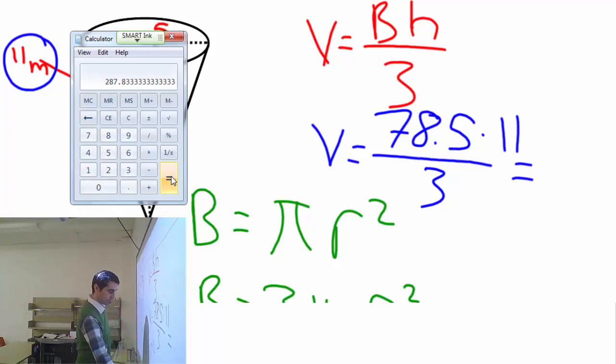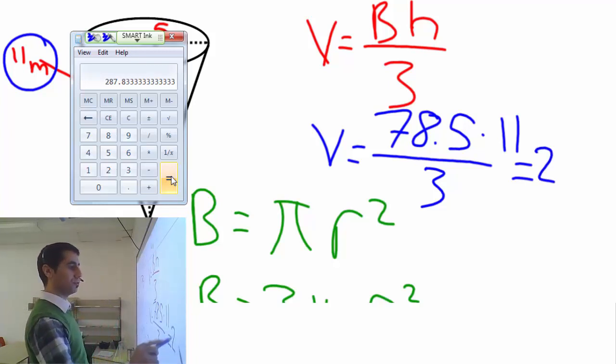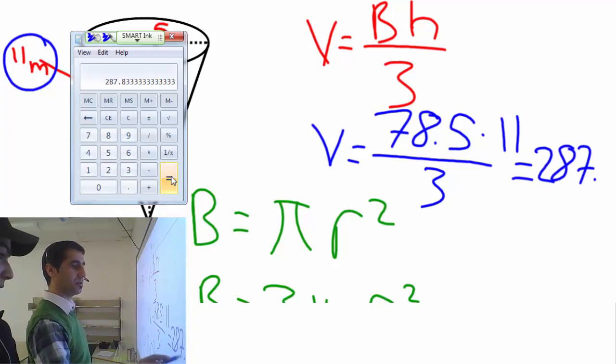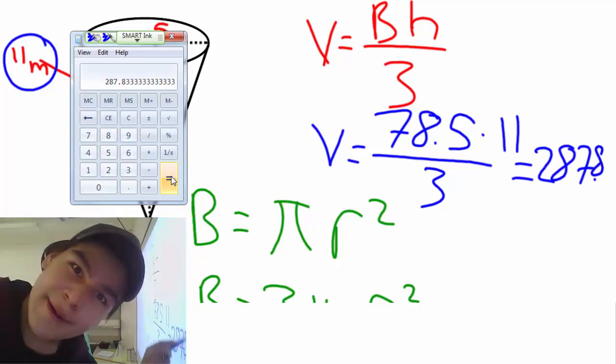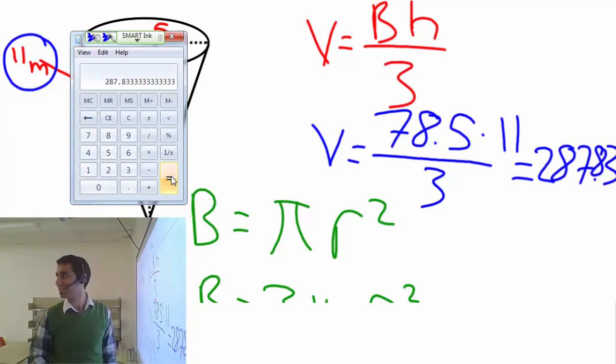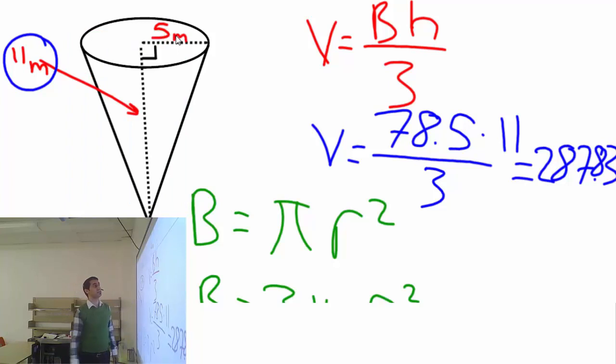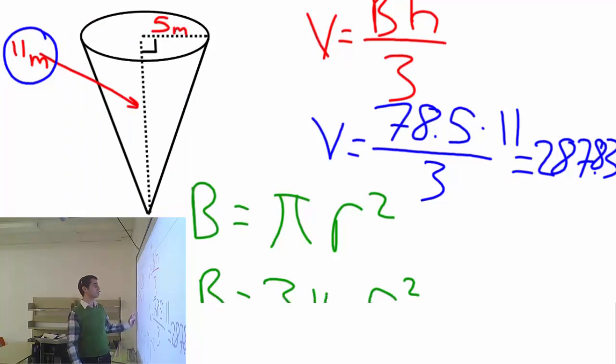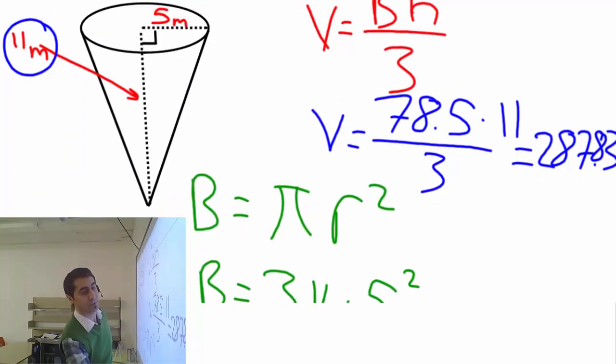Let's write that down. 287.83. Let's not forget the unit. Unit will be meter cube. So that's how you calculate the volume of a circular cone.